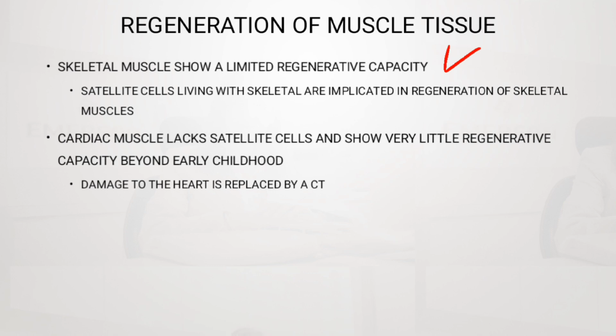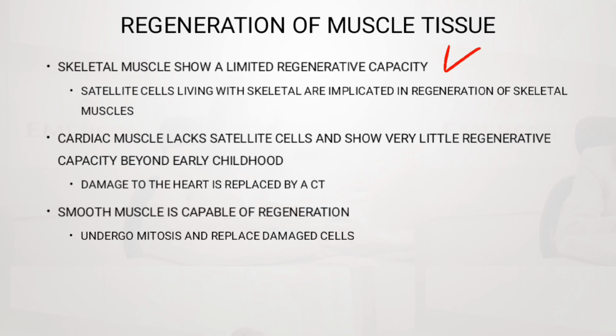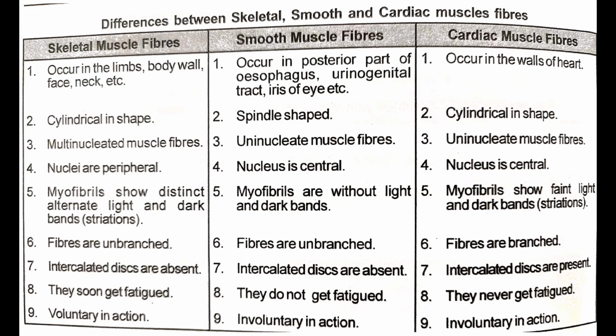So damage to the heart is replaced by connective tissue. Then smooth muscle is capable of regeneration and can undergo mitosis and replace damaged cells. Okay, so these are some of the differences between skeletal, smooth and cardiac muscle fibers.